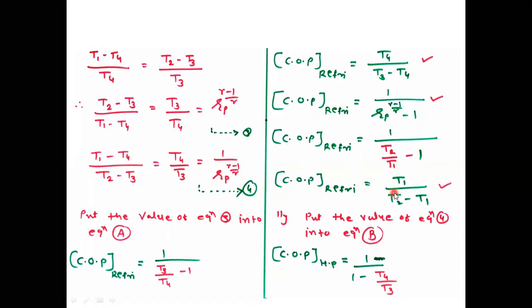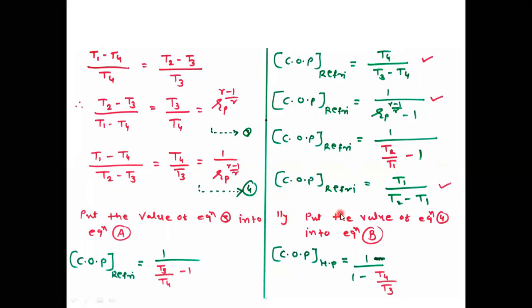So my equation becomes T1 divided by (T2 minus T1). This is my third equation. So these three are the equations of COP of refrigeration. This is in the form of T3 and T4. This is in the form of T1 and T2. And this is in the form of pressure ratio and gamma, the ratio of specific heats.